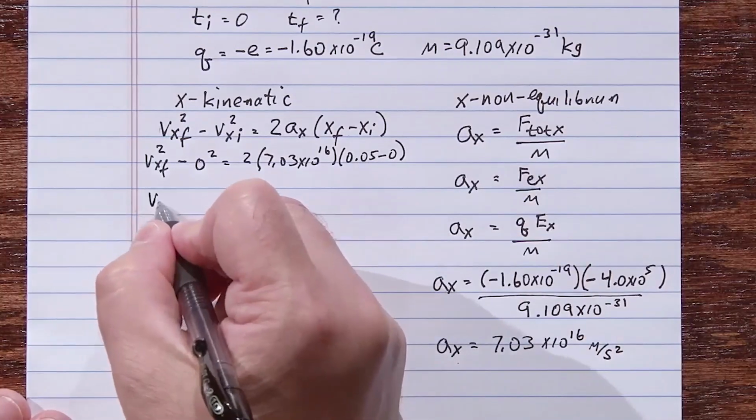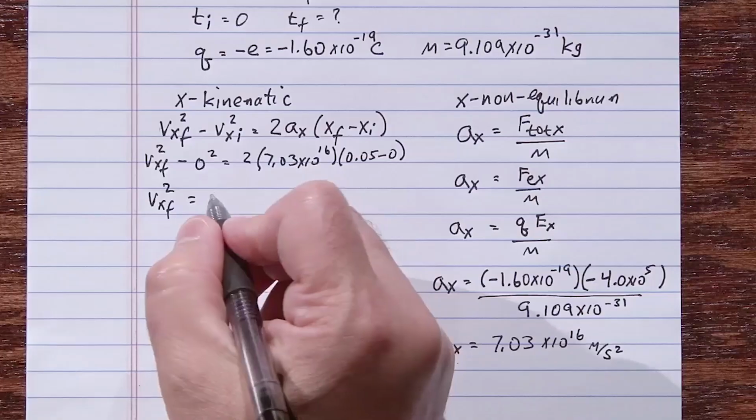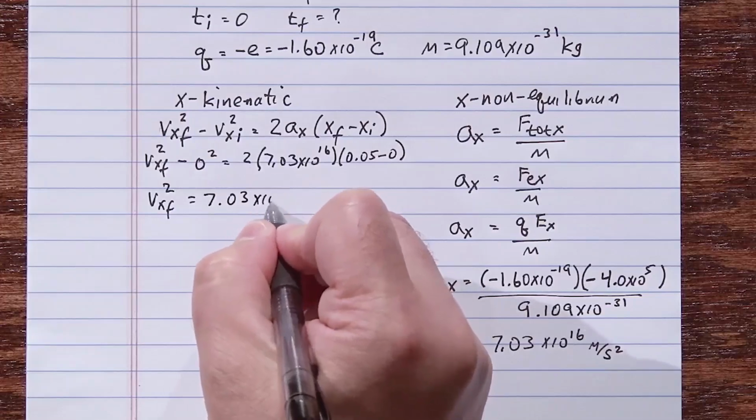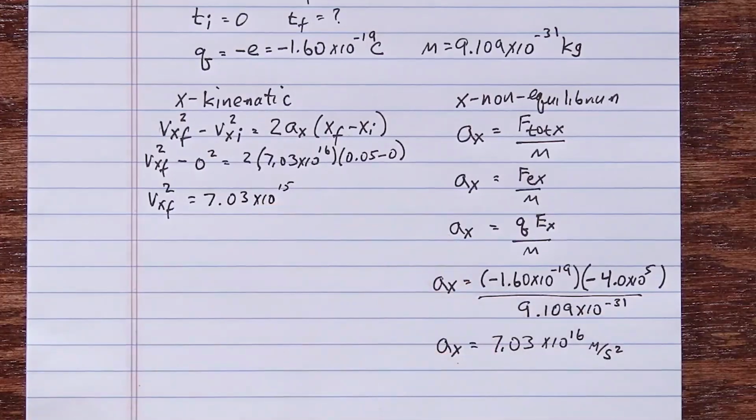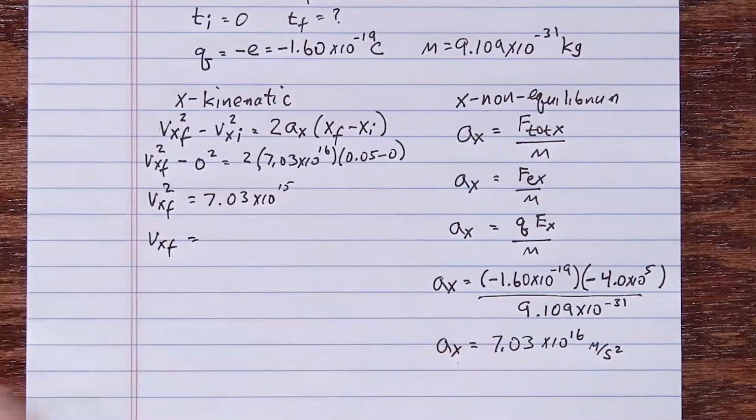And so we have Vx final squared is equal to 2 times 7.03 times 10 to the 16 times 0.05, and that gives us 7.03 times 10 to the 15.